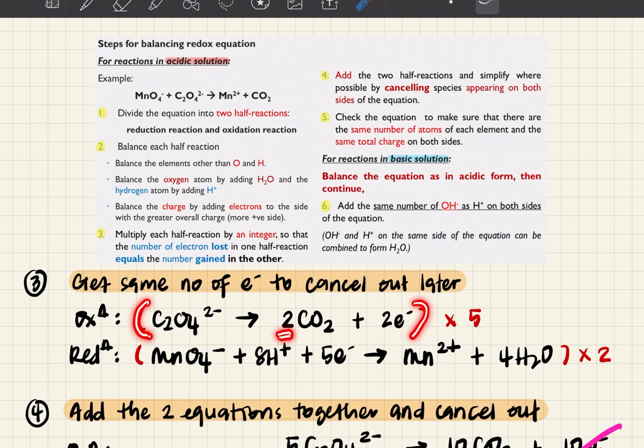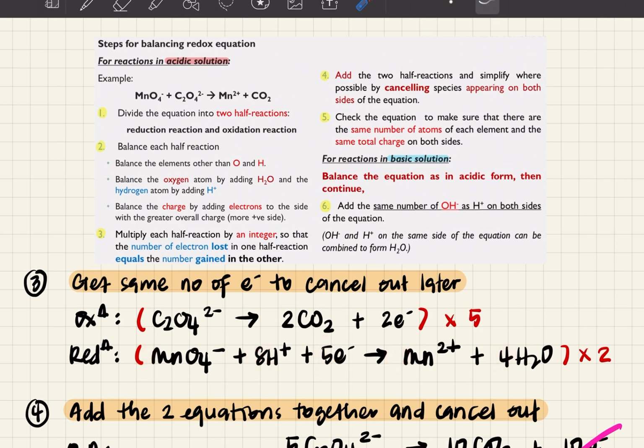And for C2O4 2 minus, you will times with 5 here kat sini. So, ini akan jadi 5, ini akan jadi 10, ini akan jadi 10 lah. Okay, so bawah pun sama. Okay, untuk dapat 10 electrons, you will times 2. Okay, so kat sini pun times 2 akan jadi 8, times 2 jadi 2, times 2 jadi 16, times 2 jadi 2 lah. Okay, kat sini dapat 10.